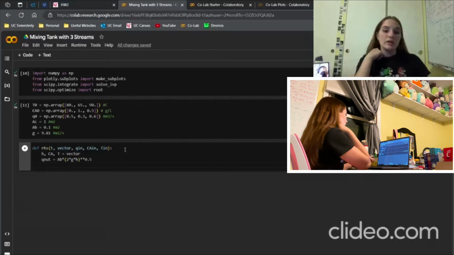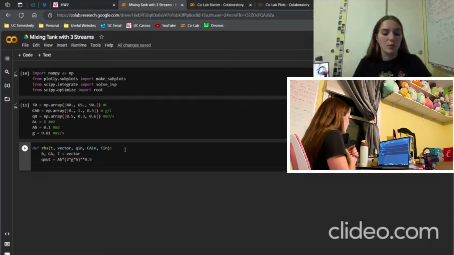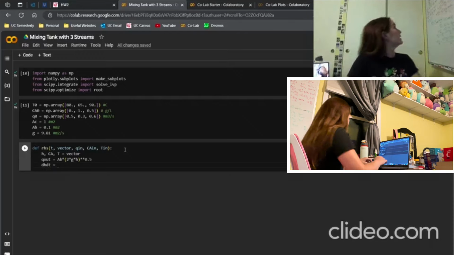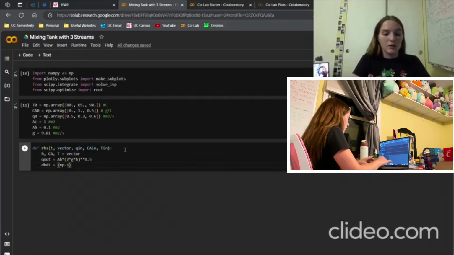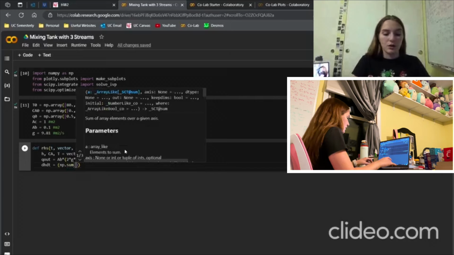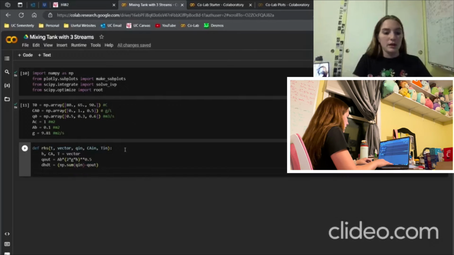Now we are ready to enter all of the differential equations that we just found on the board. So we're going to start out with dH/dt, which is the sum of our Q in minus our Q out. Now let's do our concentration.